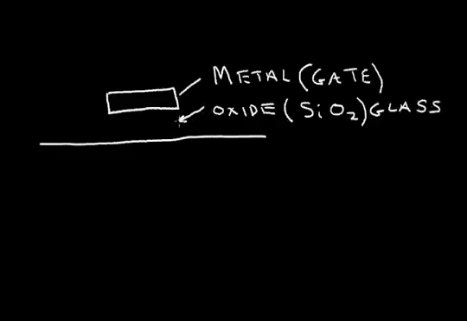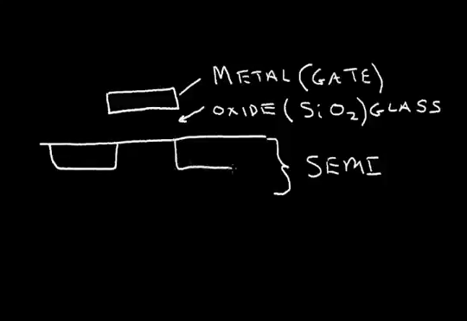So this oxide is an insulating material. Now below the oxide is the semiconductor, and that is composed of a diffusion region in a wafer. This is the surface of the wafer.